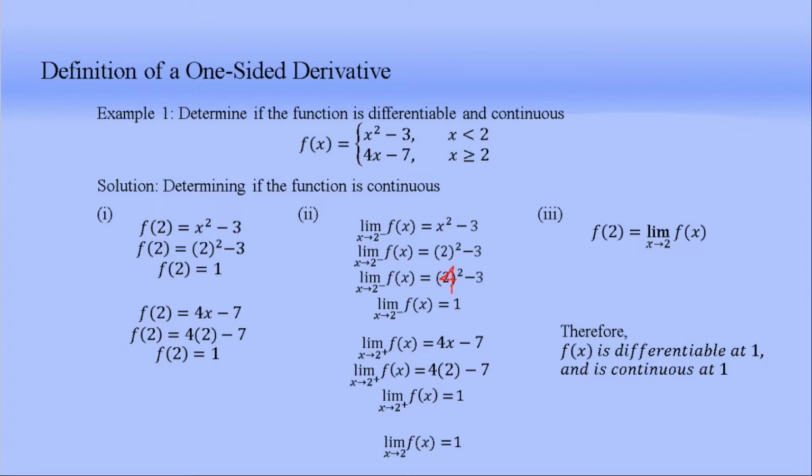Now the conclusion for this example, example number 2, is that therefore f of x is not differentiable. I'm sorry, that was a mistake. Therefore, the function f of x for the second example is not differentiable at 2.